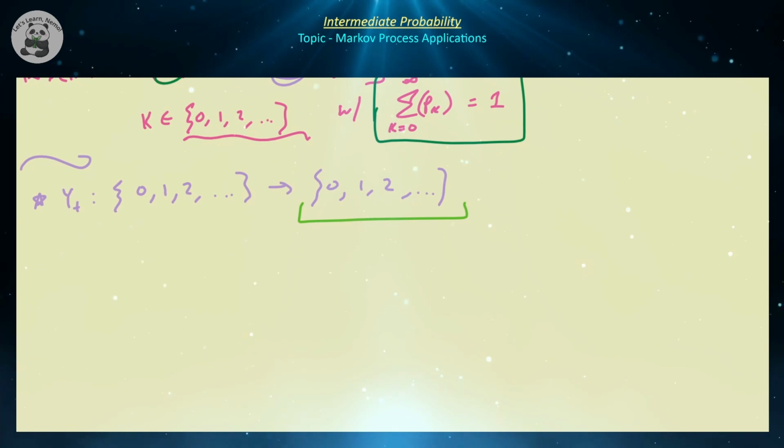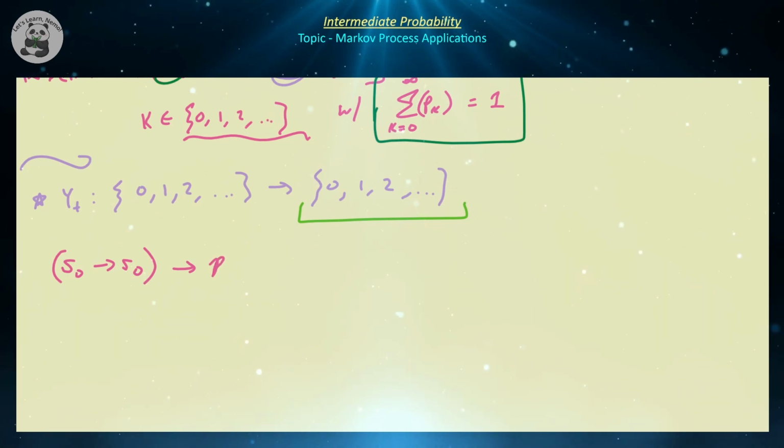So what's the probability that we transition from state 0 to state 0? We have no people in line, and we then go to, again, no people in line. The only way that can happen is if no people arrive. So that's going to have a probability of p_0.